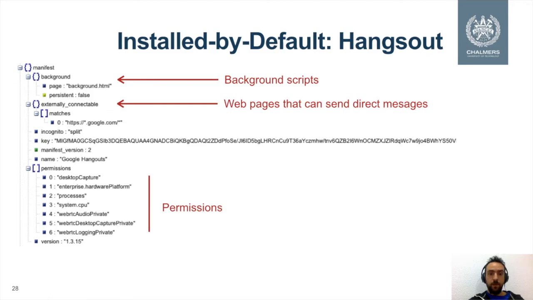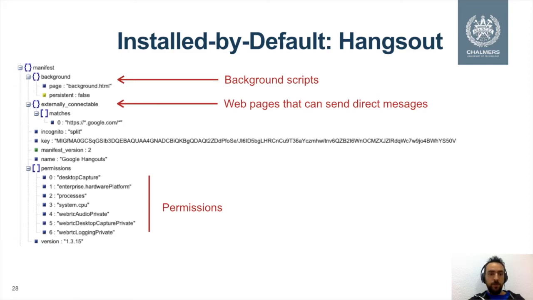In it, developers declare the configuration of the extension, for instance which permissions are needed, the background pages, the content scripts, which resources are exposed to web pages, and which web pages can send messages directly to the extension. These are just a few examples, but of course there are many other parameters that can be configured.